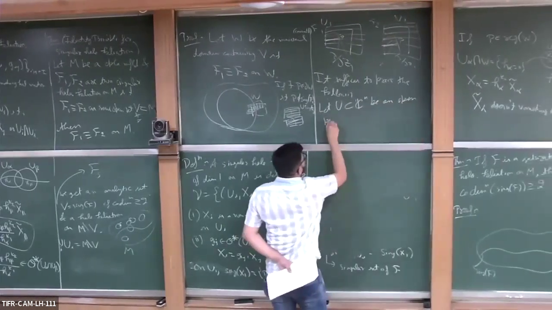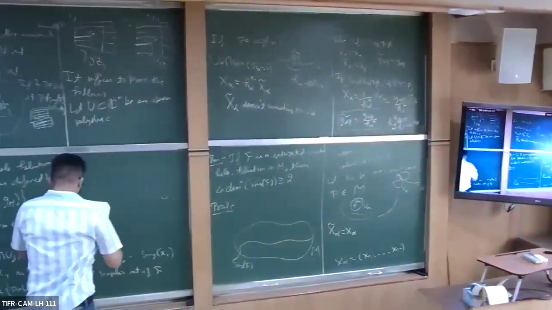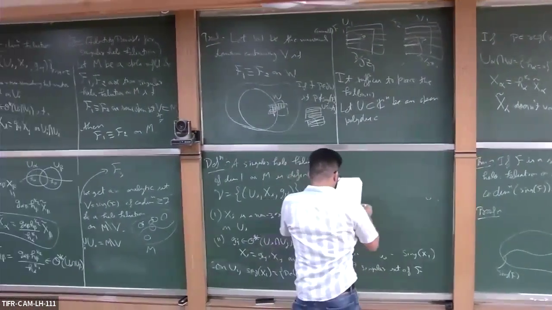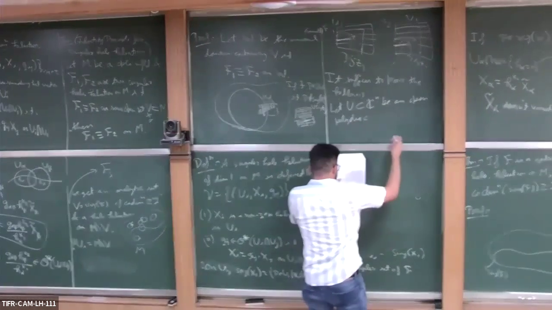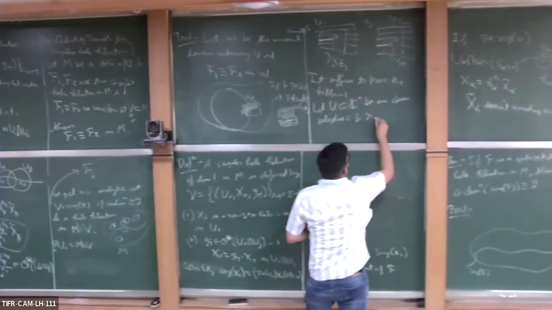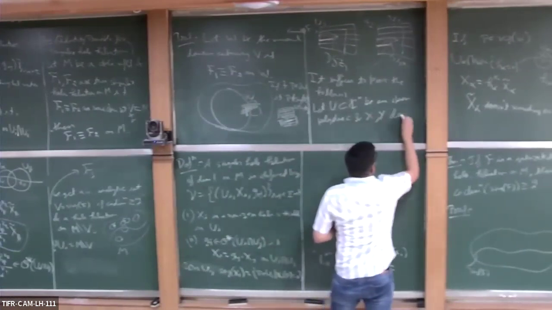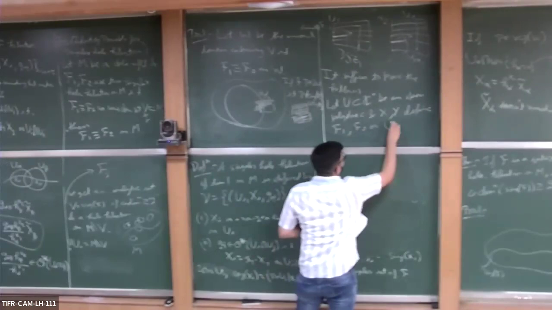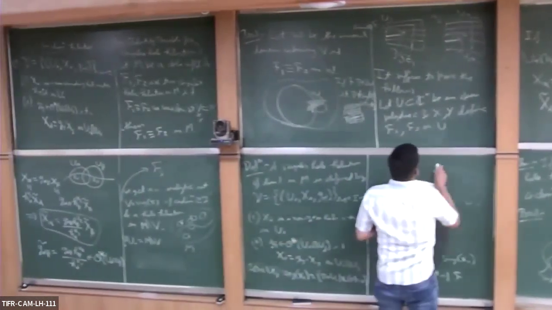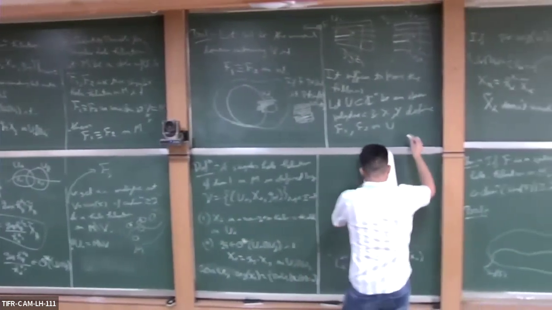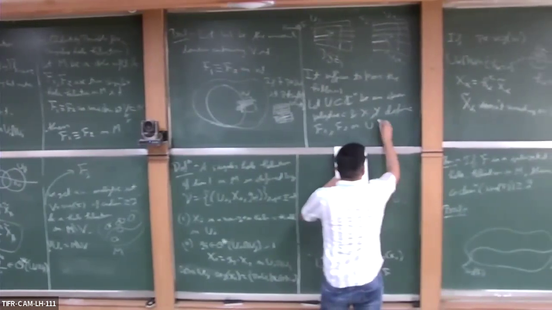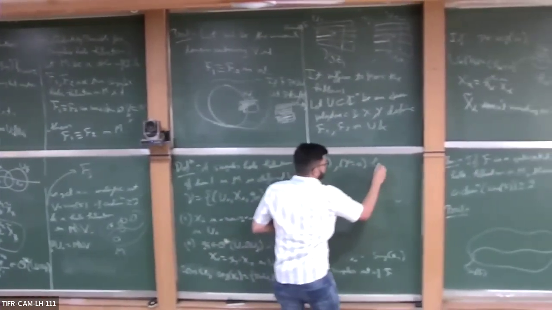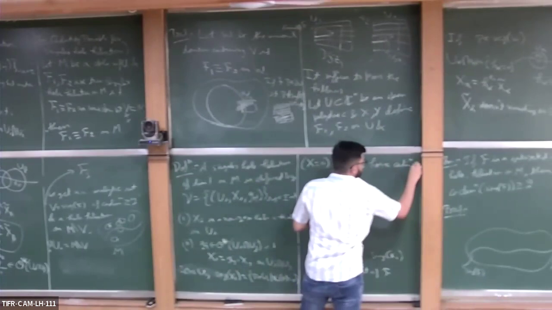Let X and Y define F1 and F2 on U, and the zero set is of codimension 2.